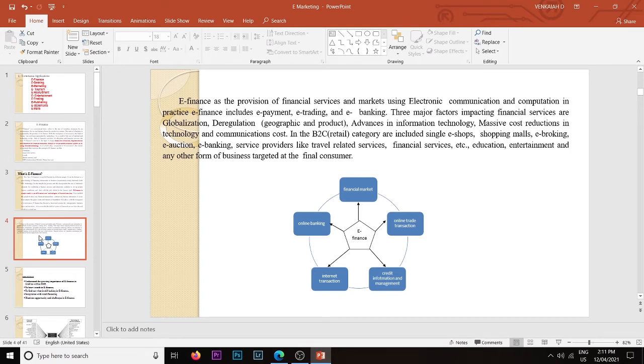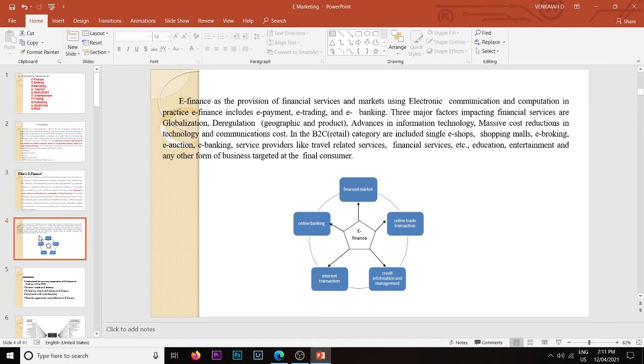Okay. So with massive cost reductions in technology and communications, the B2C, business to consumer category includes single e-shops, shopping malls, e-broking, e-auction, e-banking, service providers like travel related services, financial services, etc., education, entertainment, and any other form of business targeted at the final consumer.